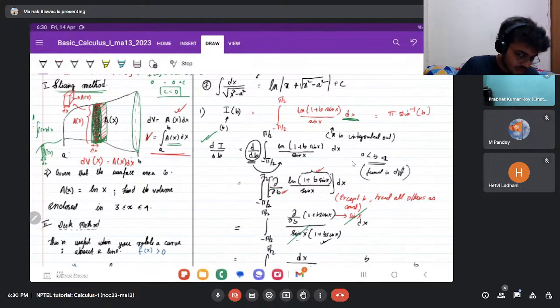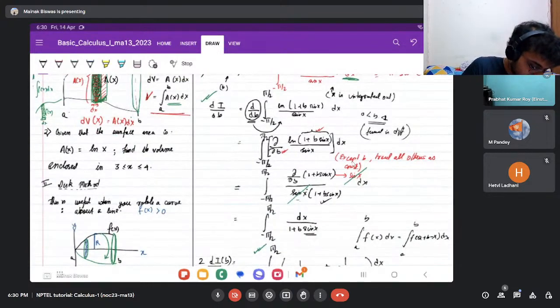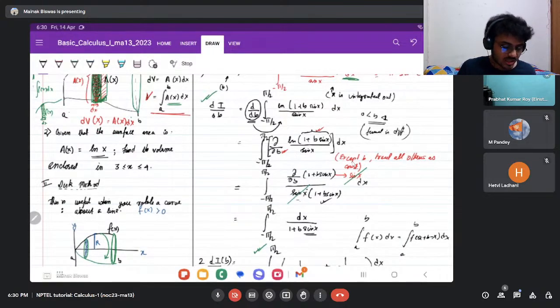So let's do it for this question. Very simple question just to introduce the topic. Given the surface area is log of x, what is the volume of the enclosed solid between x equal to 3 and 4?